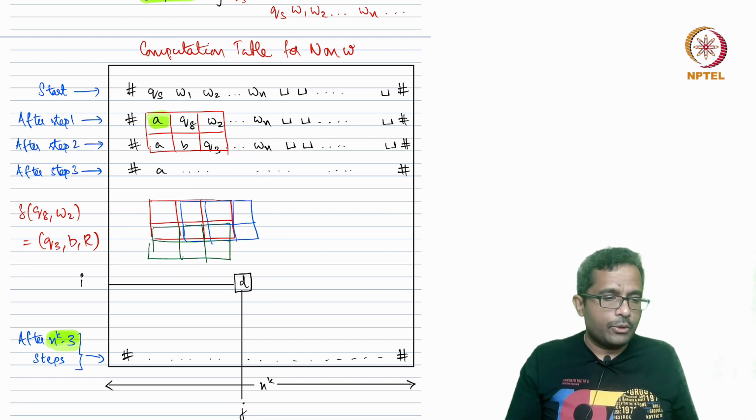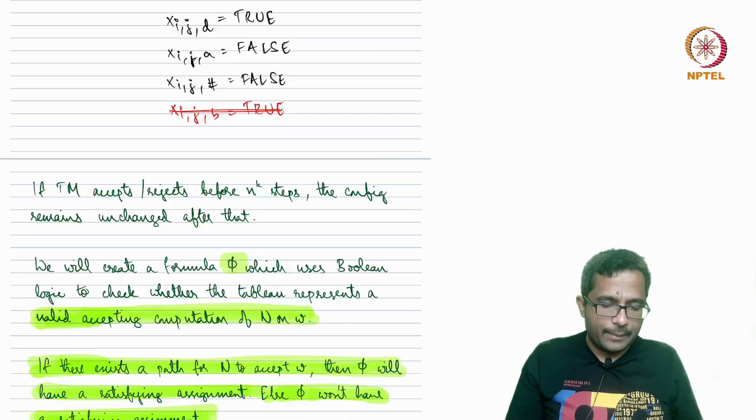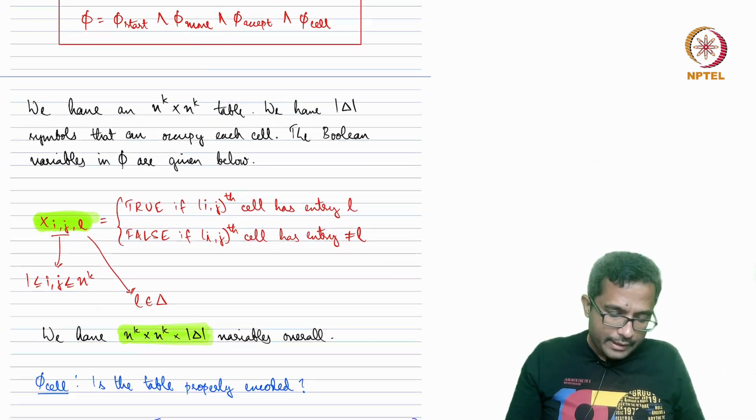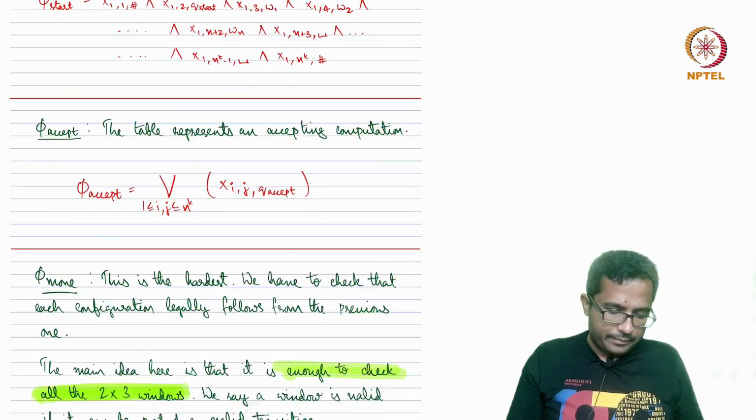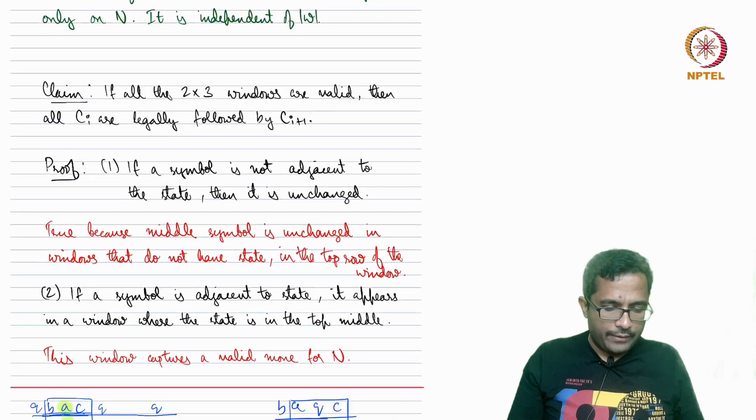So N accepts w if and only if the formula has a satisfying assignment, and that gives the reduction. And the running time is also polynomial, right?